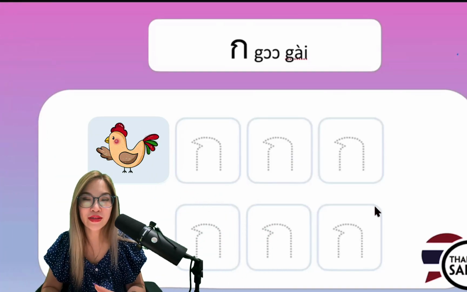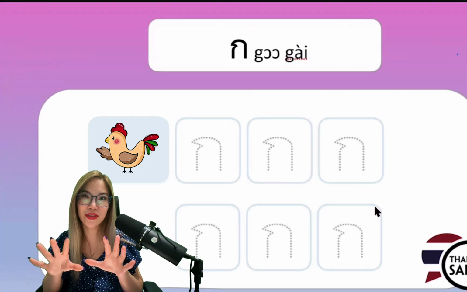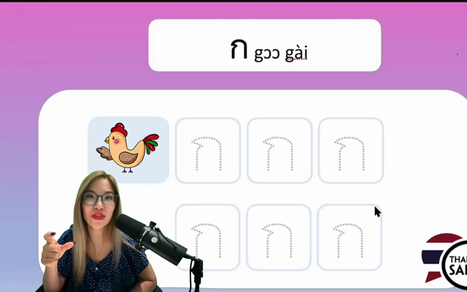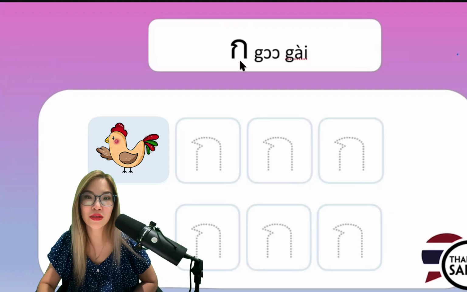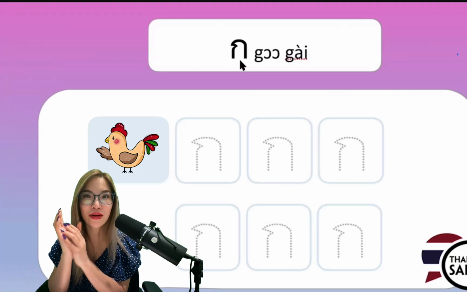Before we get to write this together, let's talk about the name of the Thai consonants first. Thai consonant names have 2 components, 2 parts here. The first component will be the sound of the consonant plus the vowel a. So for example, this consonant produces the sound g. So you want to put g plus a. So that's the first component, ga.